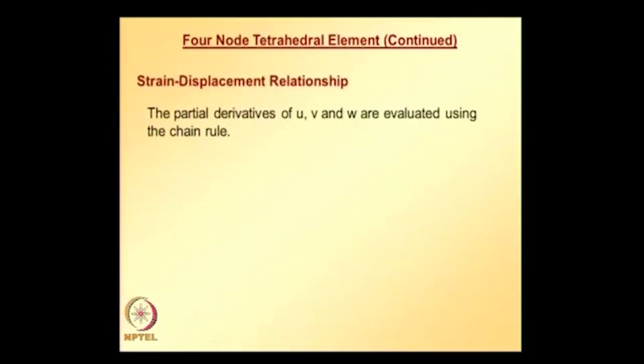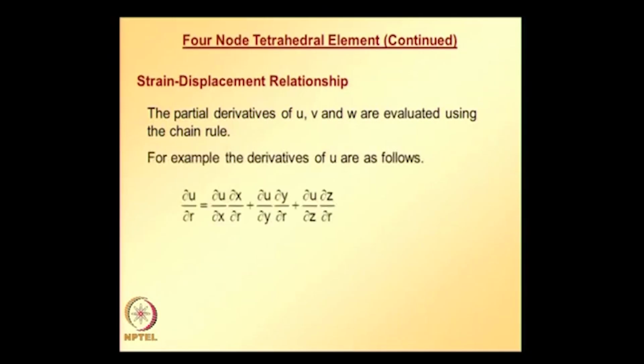For the strain displacement relationship, partial derivatives of u, v, w are evaluated using the chain rule. Here derivatives of u alone are shown. Partial derivative of u with respect to r can be written as partial derivative of u with respect to x times partial derivative of x with respect to r plus partial derivative of u with respect to y times partial derivative of y with respect to r plus partial derivative of u with respect to z times partial derivative of z with respect to r.